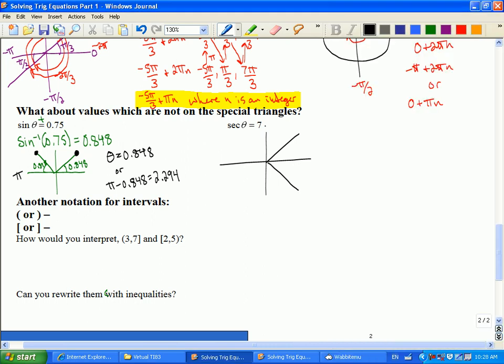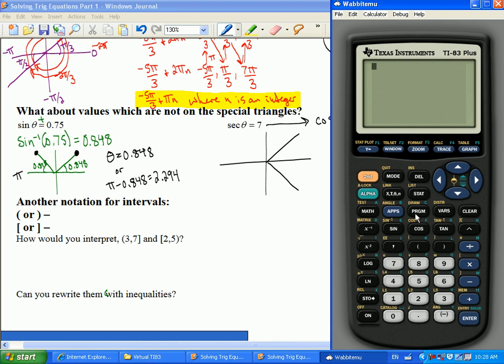So the way I would think of this then is cosine is 1 over 7. So that's what I can put into my calculator, the inverse cosine of 1 over 7. Okay, there's no inverse secant, but you can switch between secant and cosecant.